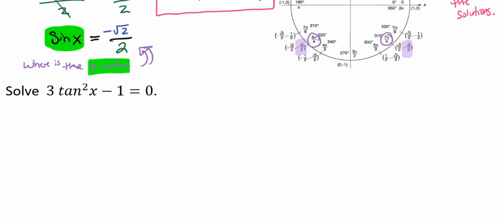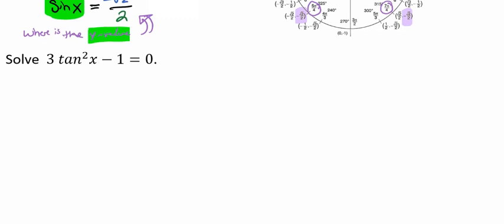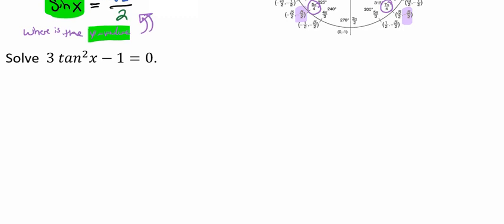So here we have solve 3 times the tangent squared of x minus 1. Now this one's a little bit different because our period for a tangent is only pi, but our period for a sine and a cosine and a secant and a cosecant is 2 pi.